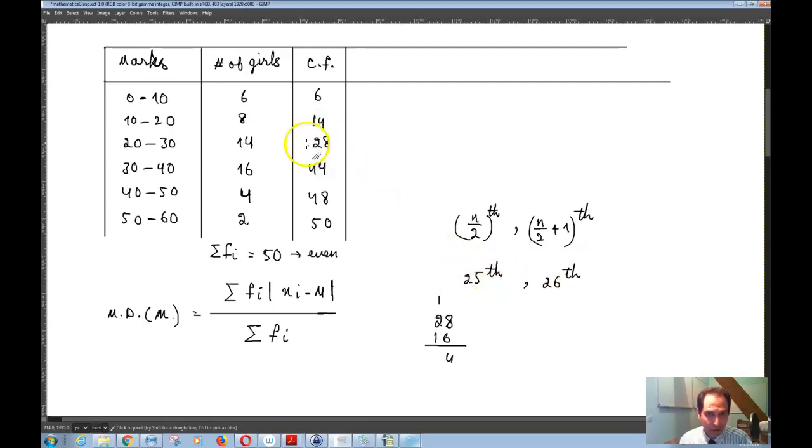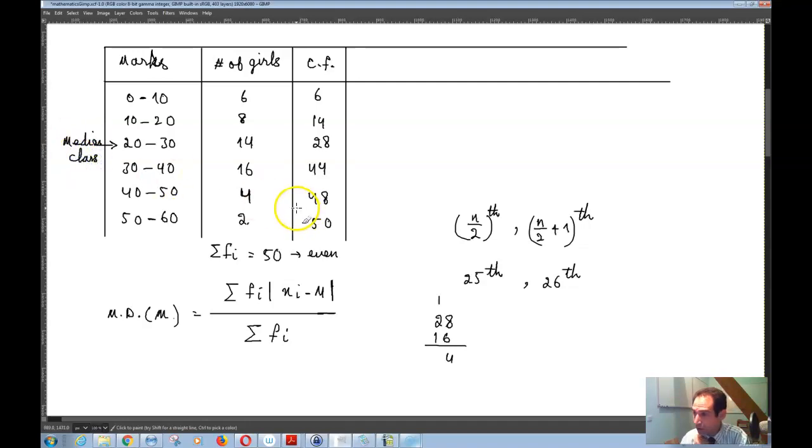That means that both of these terms you can find over here, right? So both of them are in this class. That means that this is your median class.